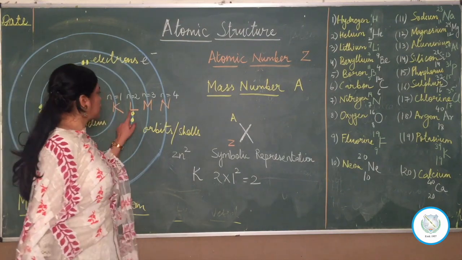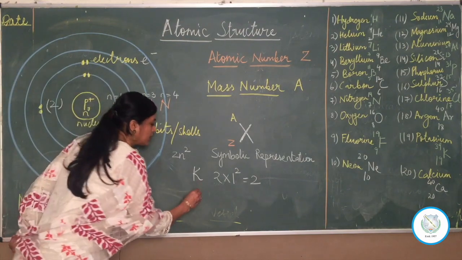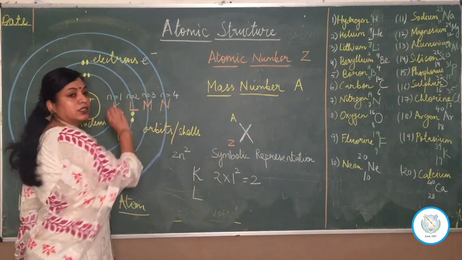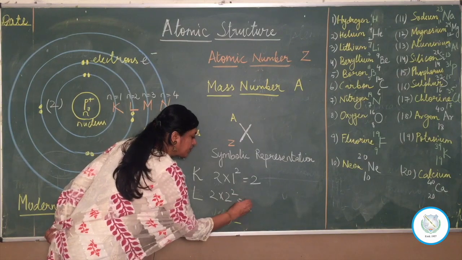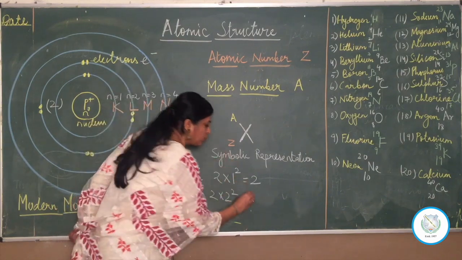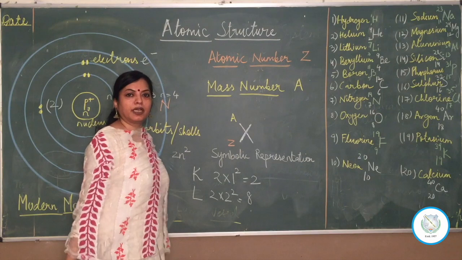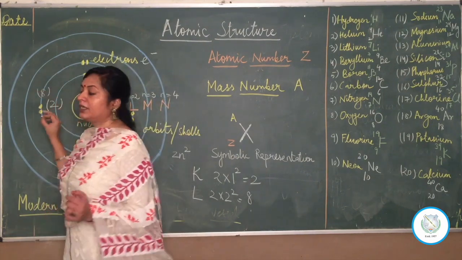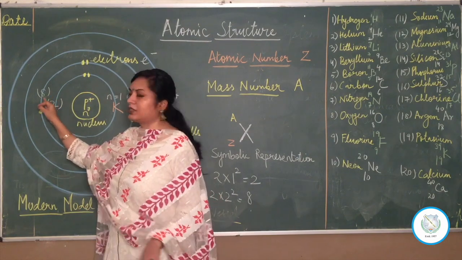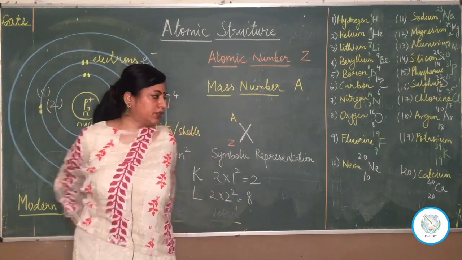Then comes the next shell, that is L shell. What is the shell number of L shell? It is 2. So 2 into 2 square, 2 square is 4 and 4 into 2 is what? 8. So L shell can accommodate maximum 8 electrons.